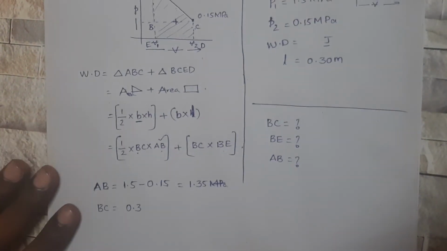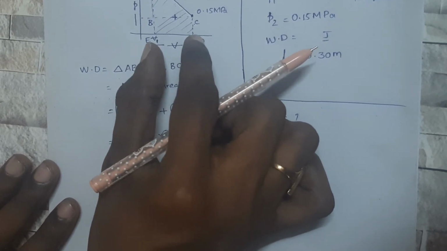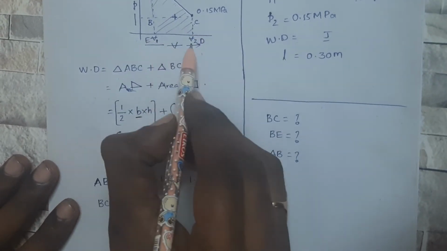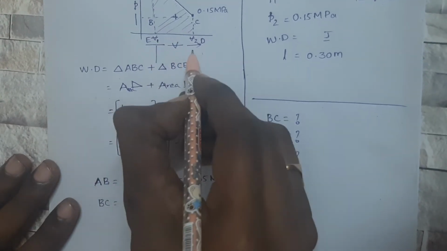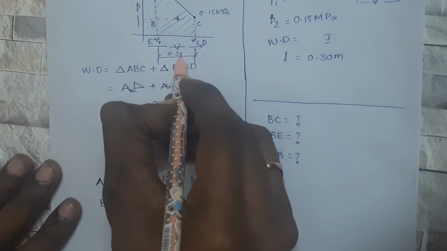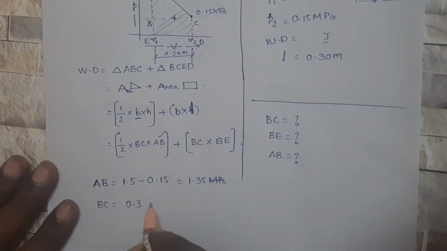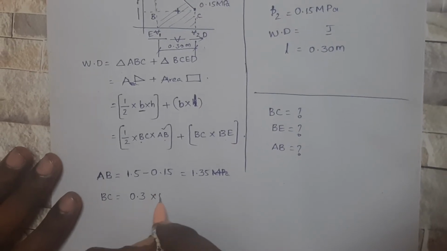So if we want to get this volume, we need to multiply this stroke length, from here to here, the stroke length is 0.3 meters. This is displacement into what is the area? Area is 0.12.